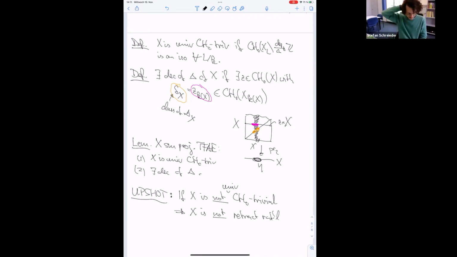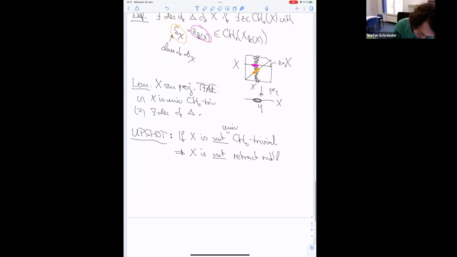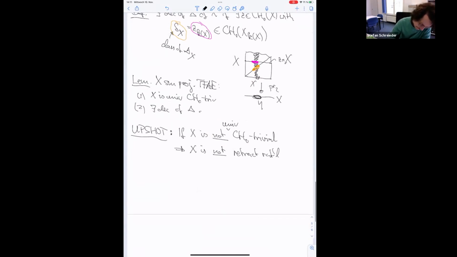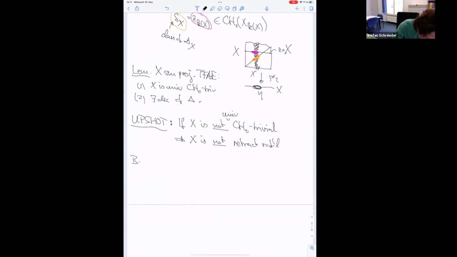And yeah. So I would like to use this criterion. Okay, so now back to the Nicaise-Ottem degeneration. So what's our problem? So we have a semi-stable degeneration.